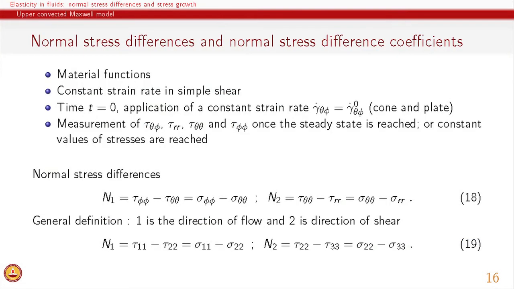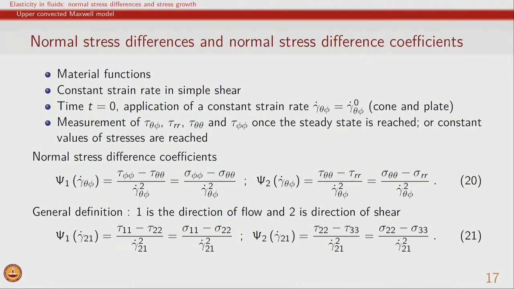And in fact, that is precisely what is done in the definition of the material function. We define a normal stress difference coefficient, and these coefficients are defined basically as the ratio of the normal stress difference to gamma dot theta phi squared.